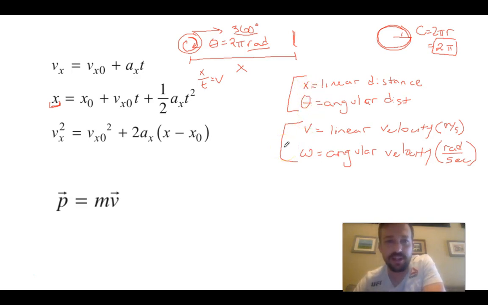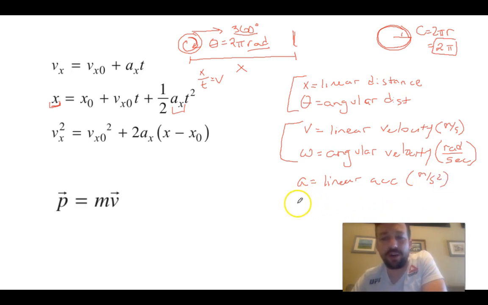And the last thing we need to look at out of all this stuff here is acceleration. Time is just time. You can't make angular time or linear time. Time is the same whether you're talking about things rotating or things going in a straight line. So the only other thing we need to talk about is acceleration. What we've always done in the past is linear acceleration, right? And we measure that in meters per second squared.